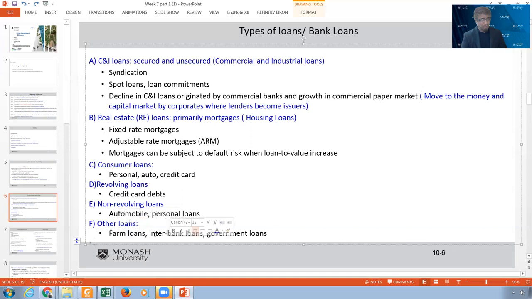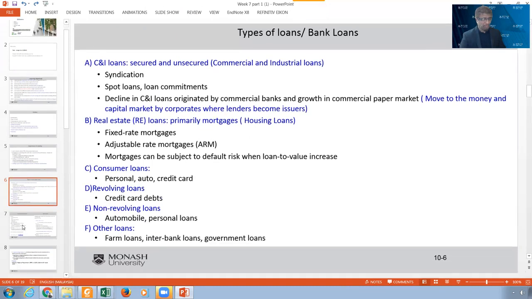And also we have something called interbank loans and government loans. These are all types of loans, and I am not going to extend beyond this because we are not actually talking about the loans, but the credit risk. So this is the type of the loans, just in terms of description.